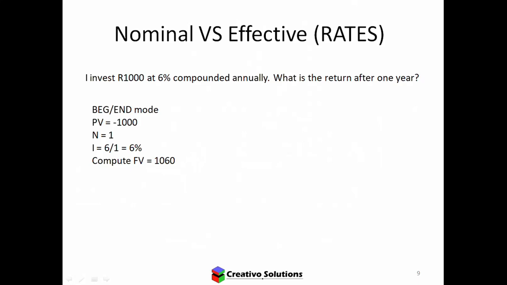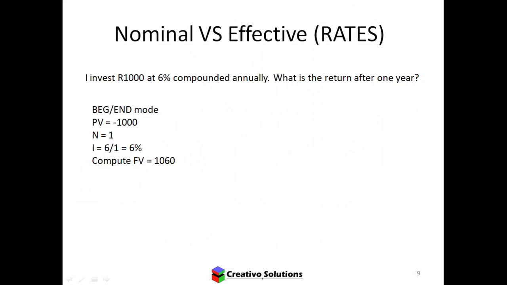Right, so here's a very basic example just to explain the differences between what a nominal rate and an effective rate is. On the screen you have an amount, 1,000 Rand, which is invested at 6% compounded annually. The question is asking, what would the return be after 1 year?